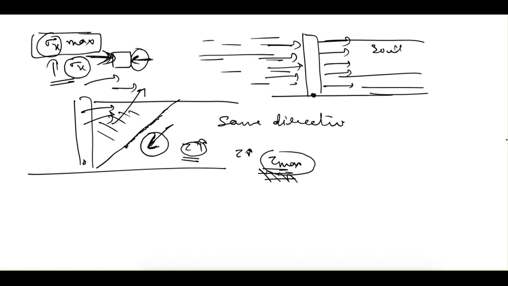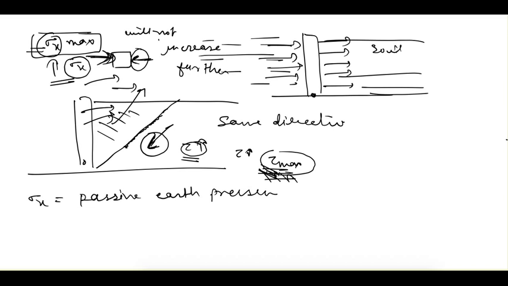It means that this sigma x will not increase further. In the limiting condition, when tau has just reached its maximum value, the value of sigma x at that condition is called passive earth pressure.